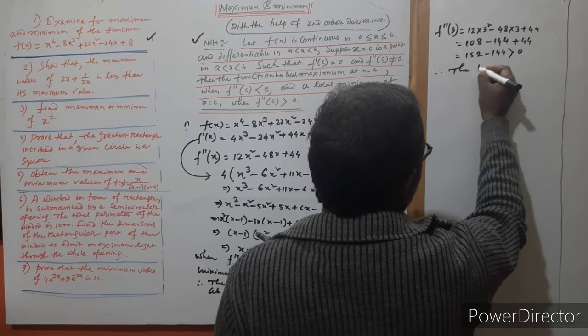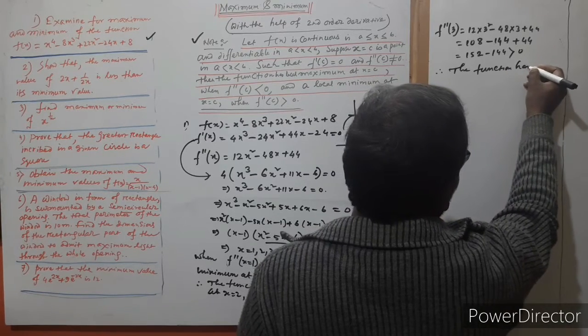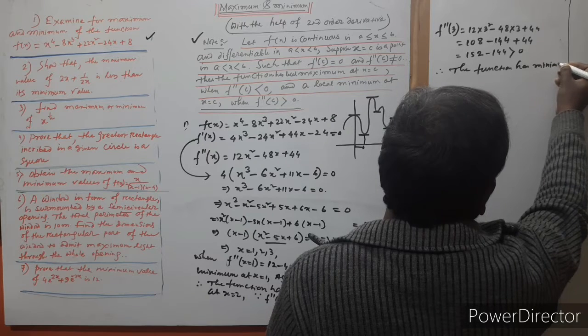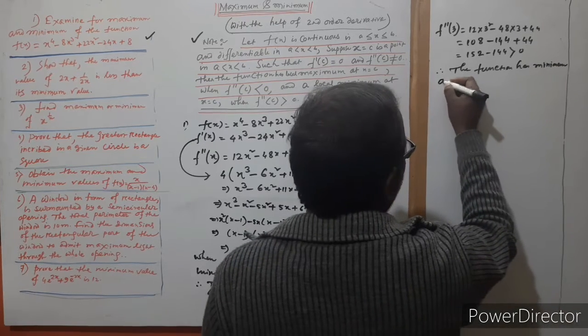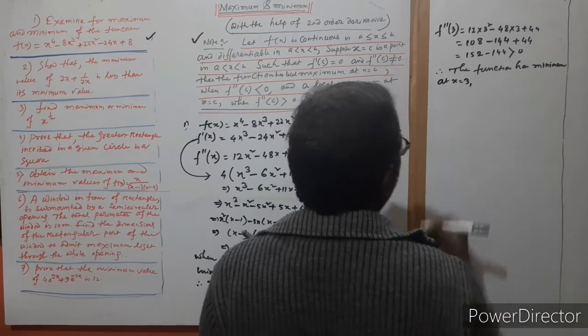Therefore, the function has minimum at x equal to 3. Okay.